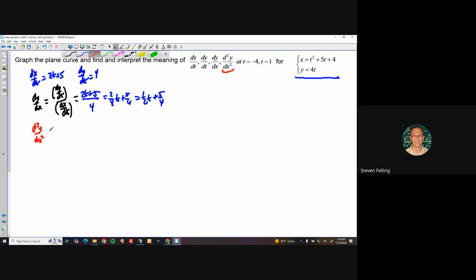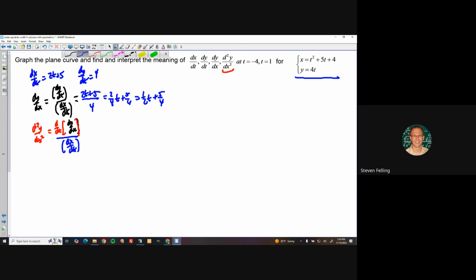Right, so that means the way we're going to find it is we're going to take the derivative of what we just got. Right, so we're going to take that derivative of this dy/dx. But because that has a t in it, when we take this derivative, we have to divide by dx/dt again to convert that back into being with respect to x.